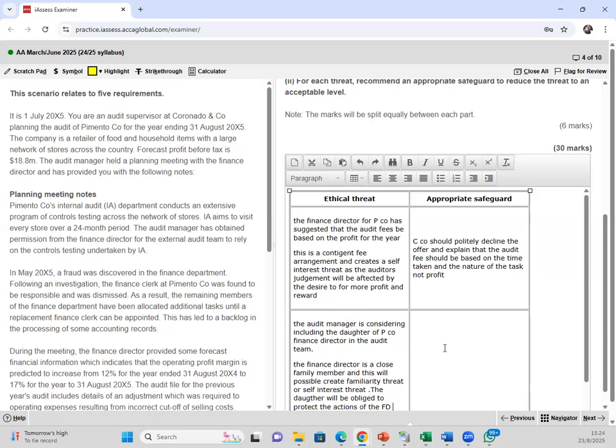Okay, let's move on to the safeguard. For this one, the best way is to just remove the daughter from the team.